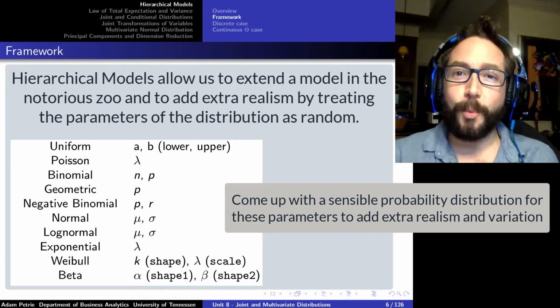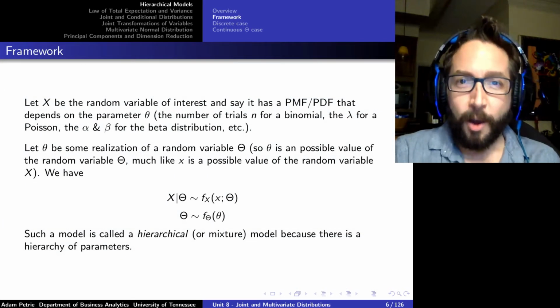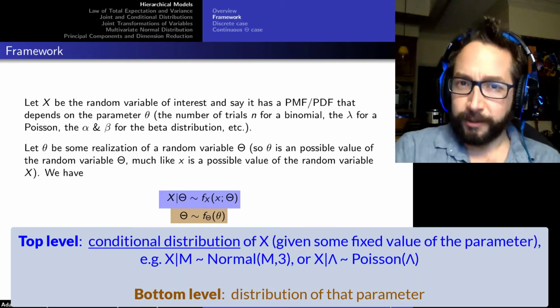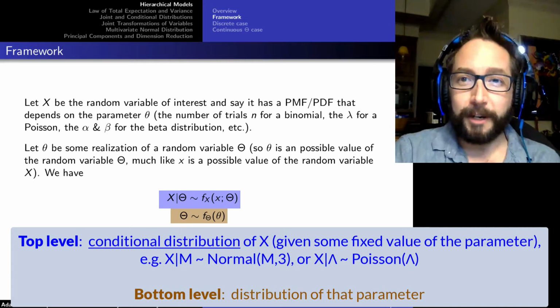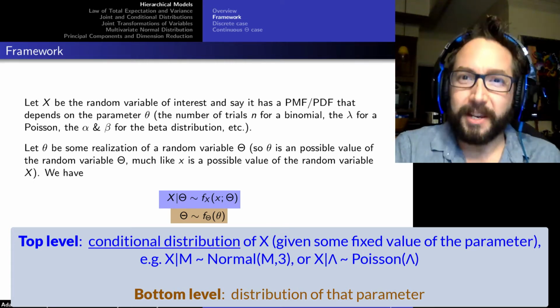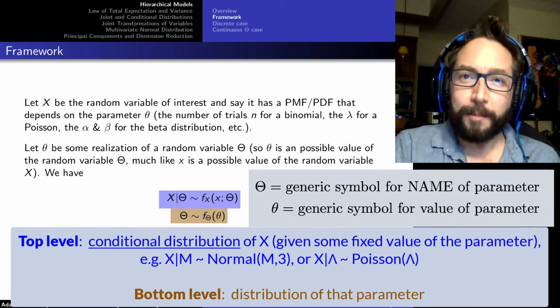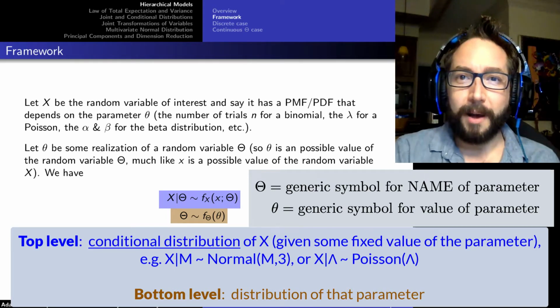Now, in general, this is the way that the notation works. What we're going to do is have the top layer of the hierarchy give the conditional distribution of our random variable x, what we're studying, the number of sales for instance, given a particular value of the parameter of the probability distribution we're using to model it.